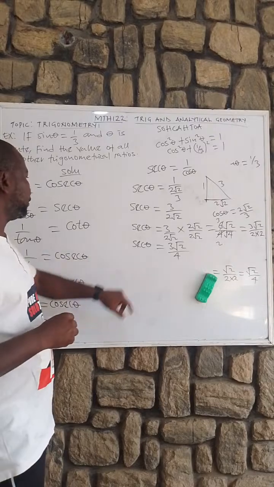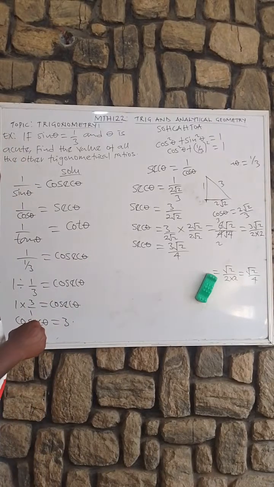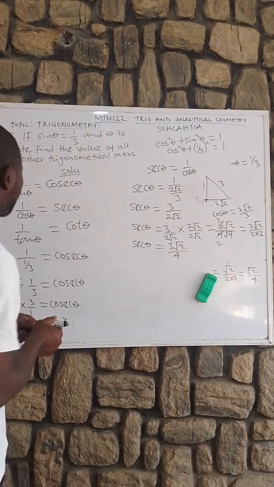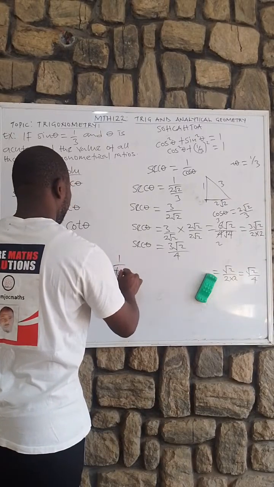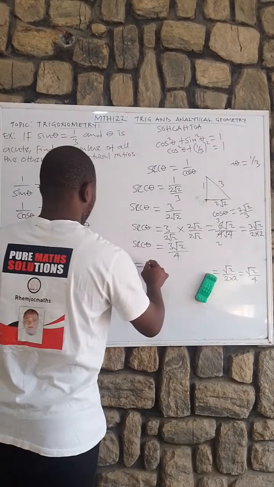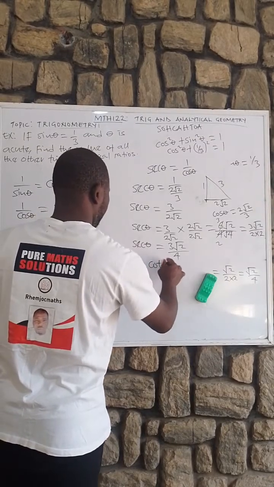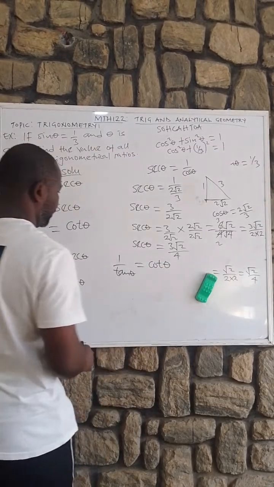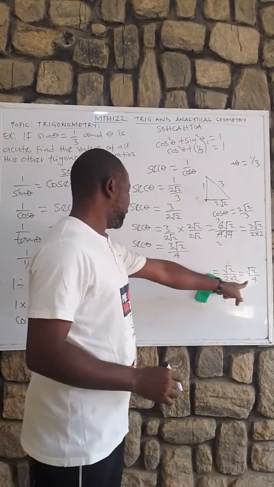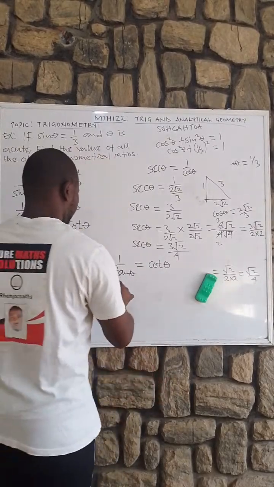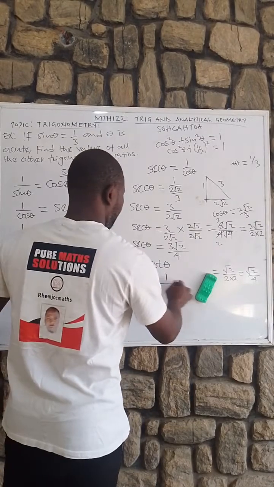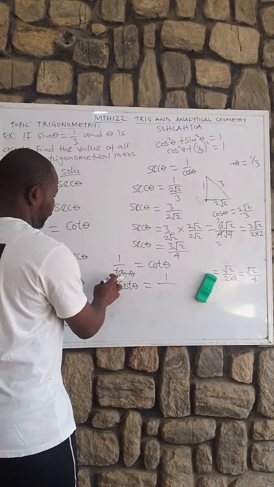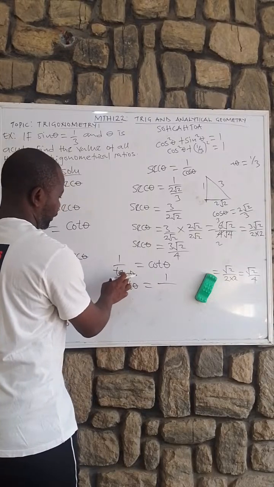So then let's consider the last but not the least, 1 all over tan theta, which is equal to cot theta. Then cot theta is equal to 1 all over our tan.